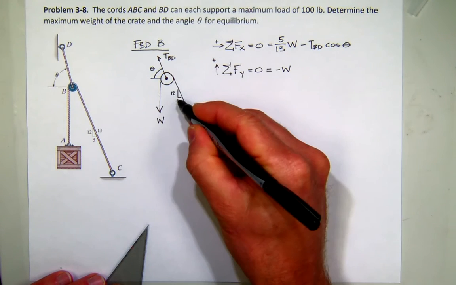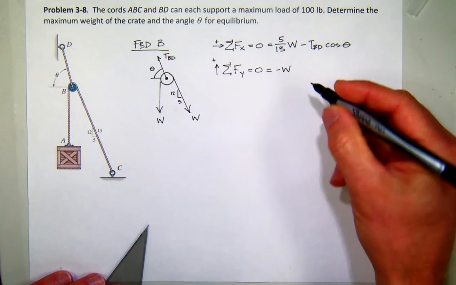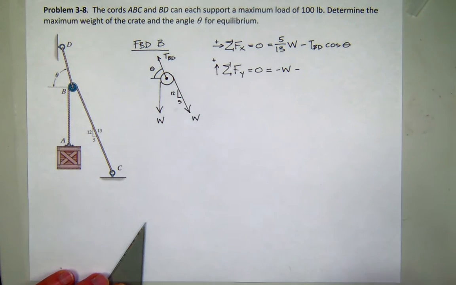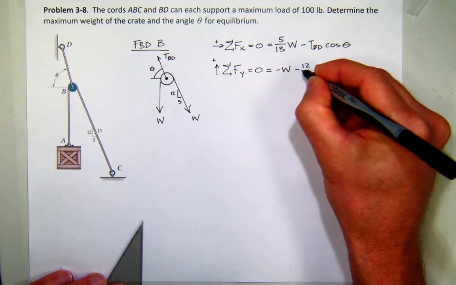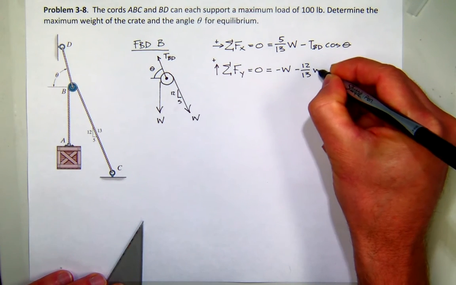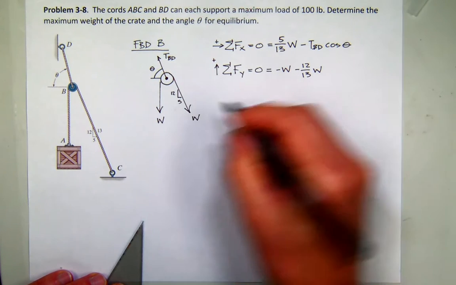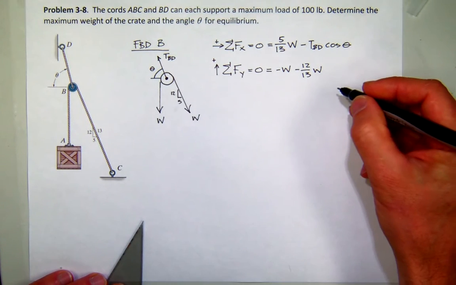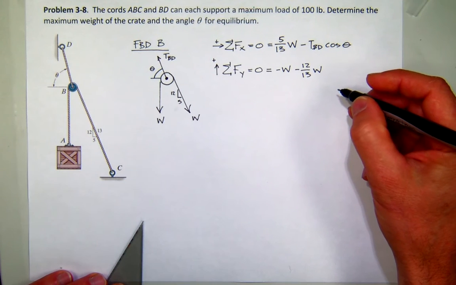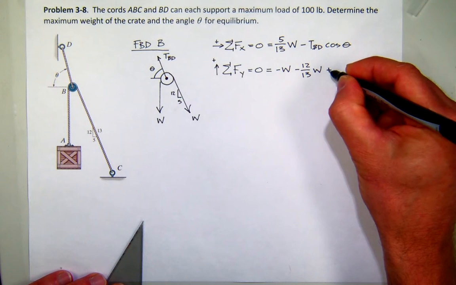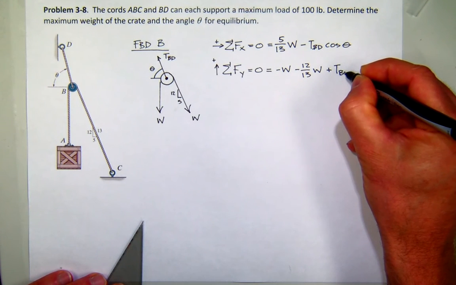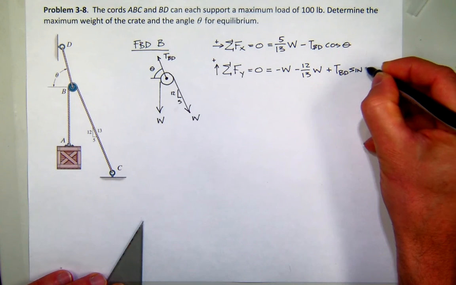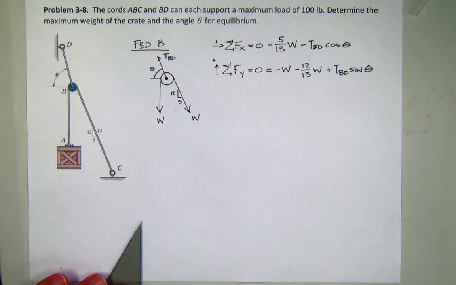We've got the y component of the other side, which is what? Right, 12 over 13, W. And then we have the vertical component of TBD, and that's acting up. So that will be plus that value times sine. Did I leave anything out?